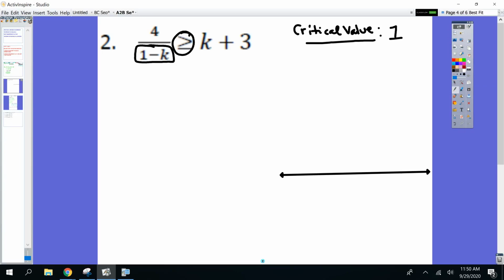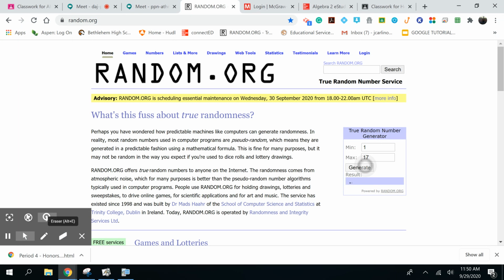Let's go. Good? Now, you guys are going to solve it to find the other critical values. Common denominator should be pretty easy here. There's only one denominator, right? And this is where I'm going to leave you guys.